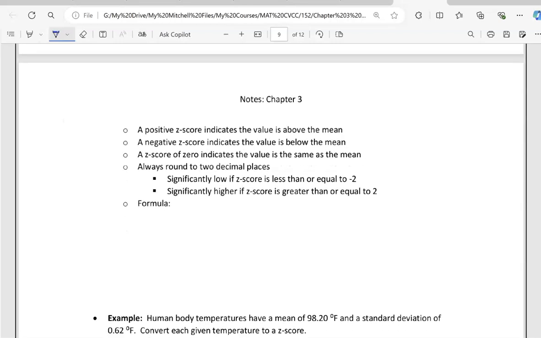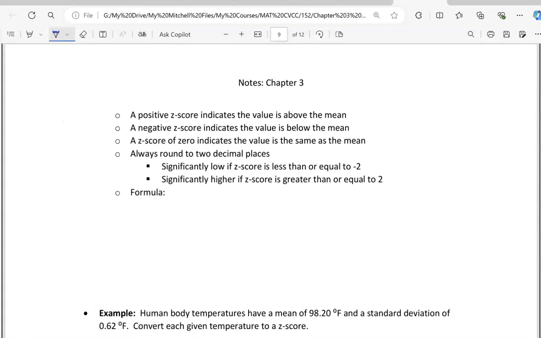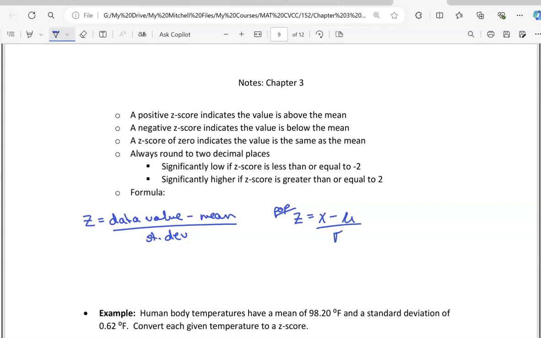So let's look at what that formula looks like. The z-score is the data value minus the mean divided by the standard deviation. So if we're looking at a population, we could write this formula this way: x minus the mean divided by the standard deviation.